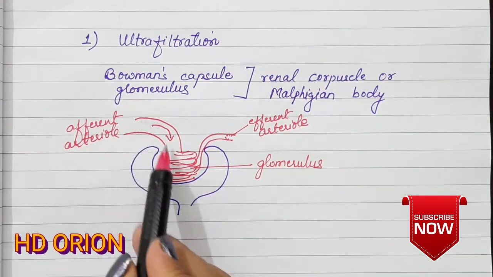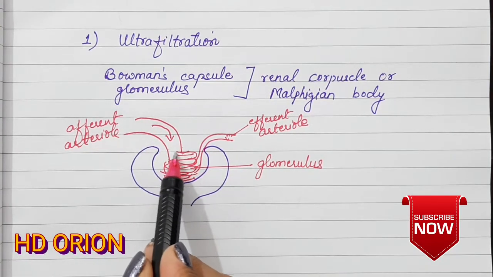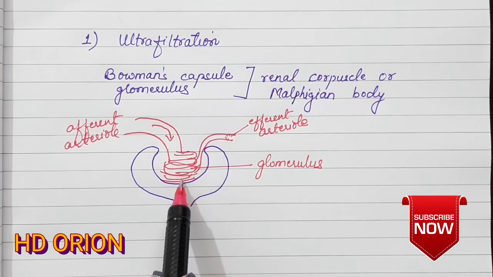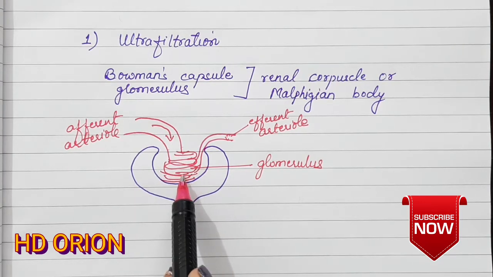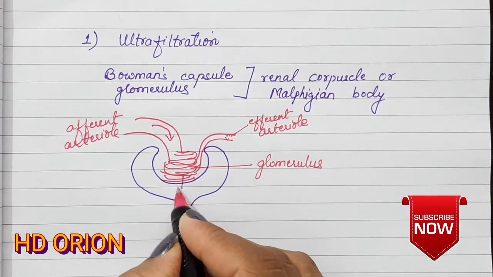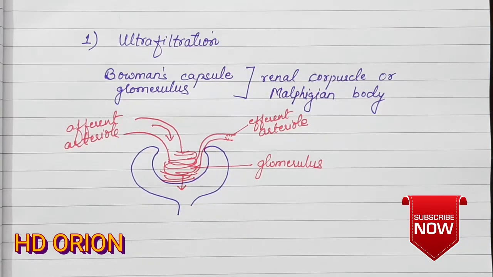This comes in, and then since the lumen or the diameter of the blood vessels is gradually decreasing, there is an increase in the pressure, and therefore the liquid part filters from the glomerulus into the Bowman's capsule. This process is known as ultrafiltration.